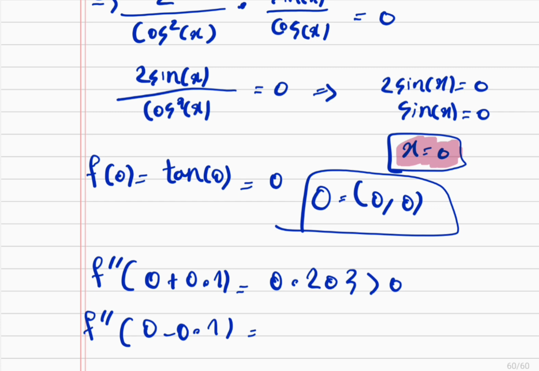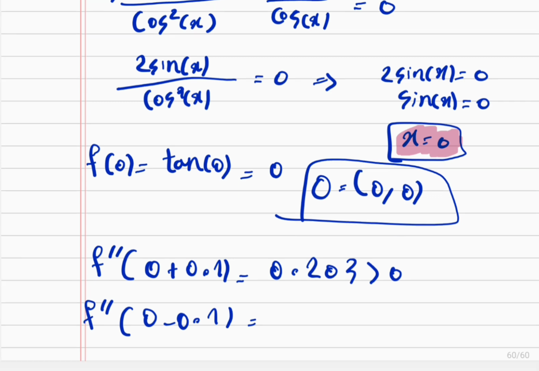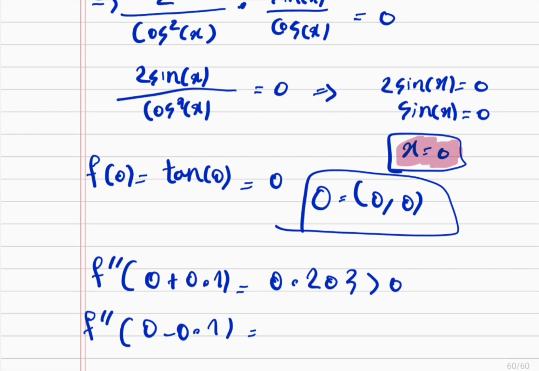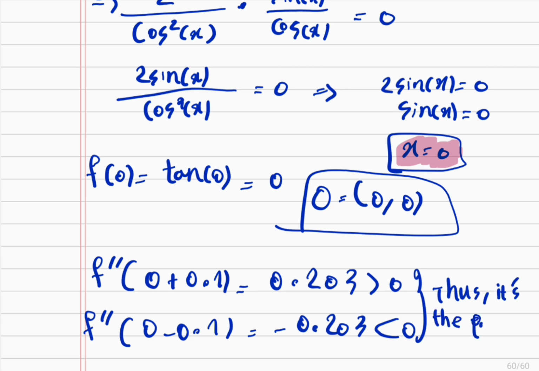And f double dash of minus 0.1 is minus 0.203, which is negative. Thus, this is the point of inflection. So this is the point of inflection, and that's the end of the proof.